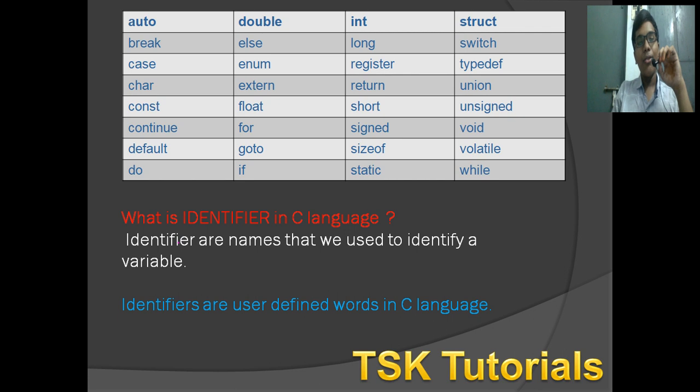In our general discussion we say that x is a variable, y is a variable, but x and y are not variables. X is an identifier. To identify certain data stored, we are using x.